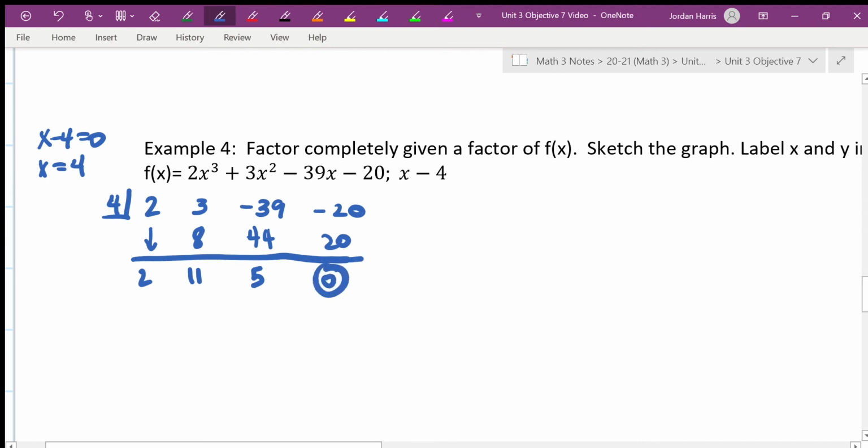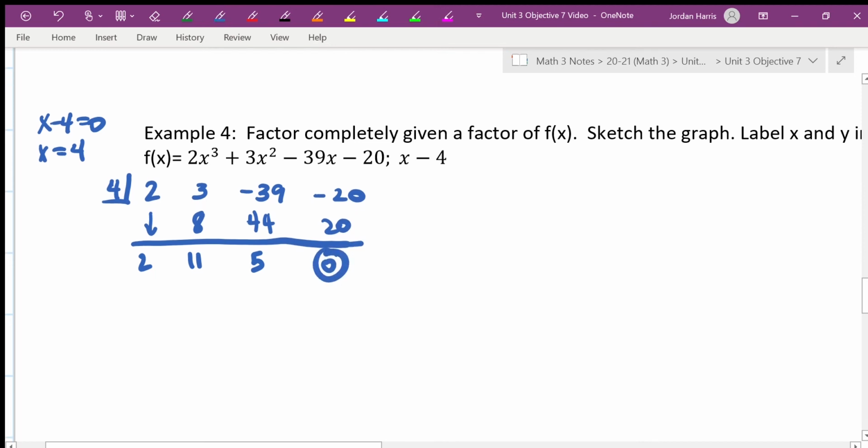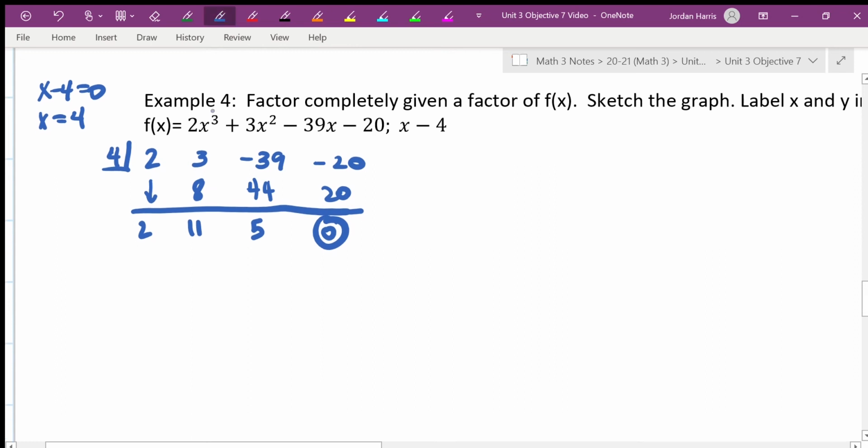And the remainder is 0. Remember that last one is a remainder, that's why I always circle it. All right, so in this case, we go down one exponent. I had x cubed, so I'm going to start with x squared. So it's 2x squared plus 11x plus 5.